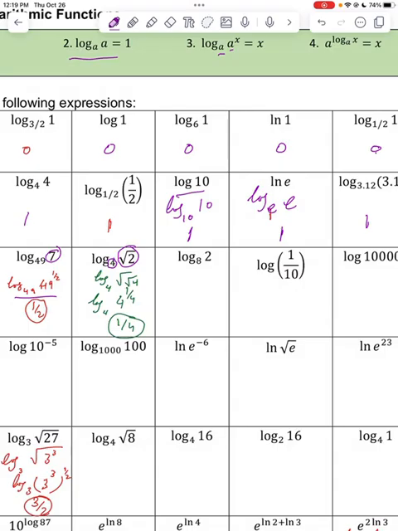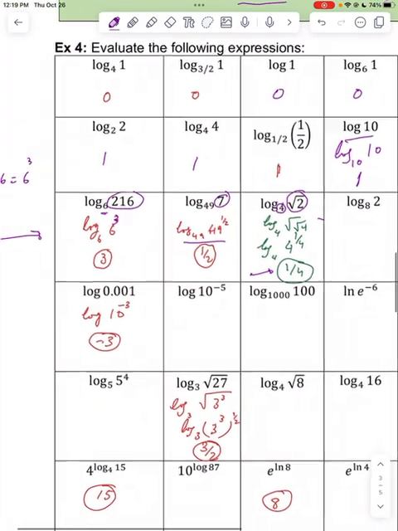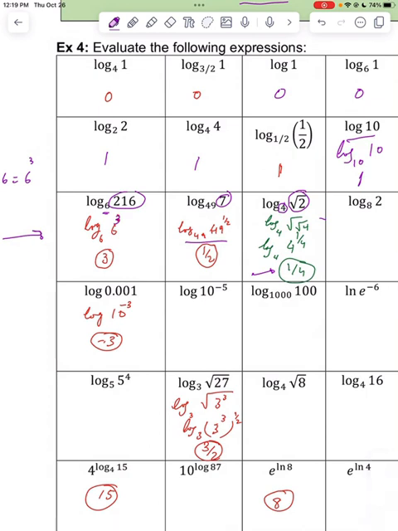So I can rewrite log base 4 of square root of 2, but 2 is square root of 4. So square root of square root of 4, which means 4 raised to 1/2 raised to 1/2, which will give me 4 raised to 1/4. So you should be able to try the next few.